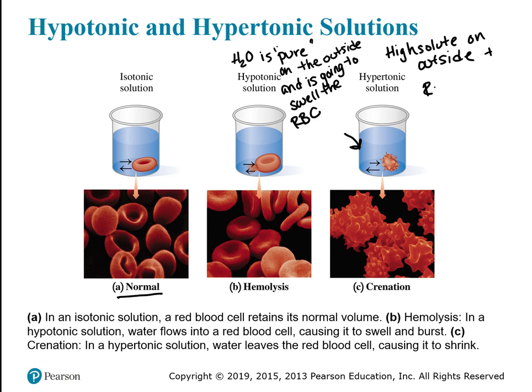And the red blood cell is a source of water, which means that you're going to have more water flowing out of your red blood cell than coming in. You're going to cause that red blood cell to shrink, and that's called crenation. That's also bad because you're going to deform your cells and you're going to be dehydrated.